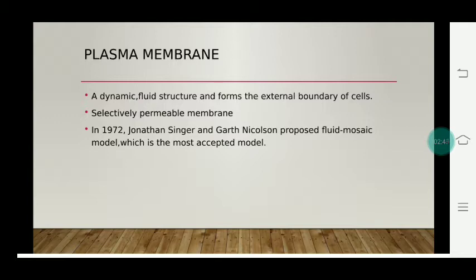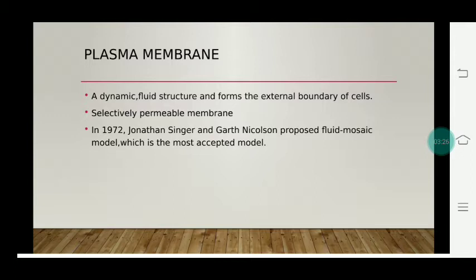Different models were proposed to explain the structure and composition of plasma membrane, but in 1972 Singer and Nicolson proposed the fluid mosaic model, which is now the most accepted model of plasma membrane.